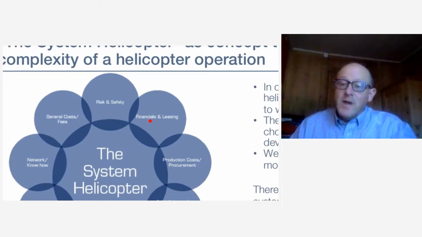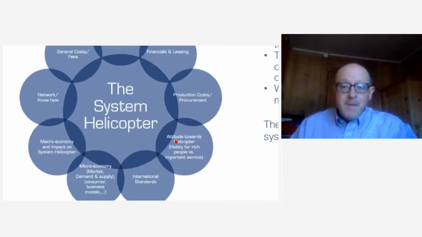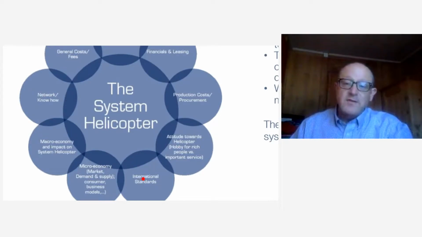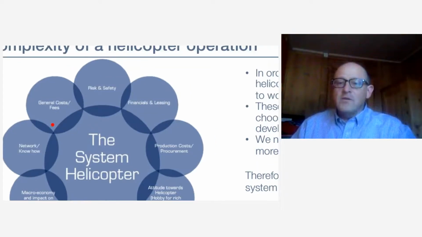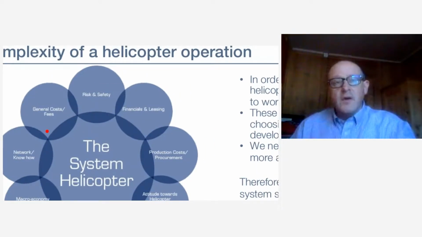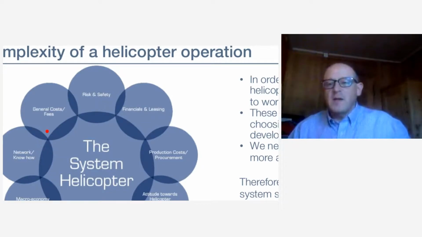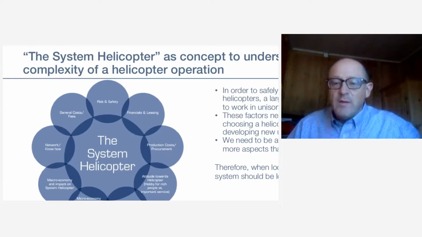But we have financials and leasing. What are the risks there? Production costs, procurement. Attitude towards the helicopter, international standards, how do they have an influence on us? Microeconomy, macroeconomy, that's something that we see right now. Network know-how, general costs and fees, those are all risks that form part of the system helicopter that we have to incorporate into our thinking.